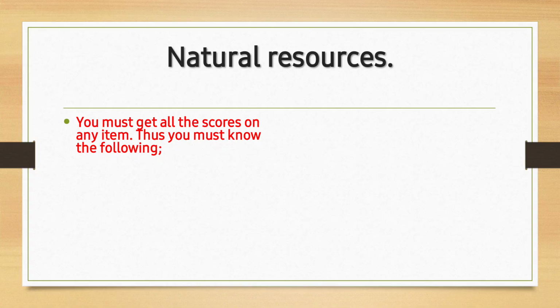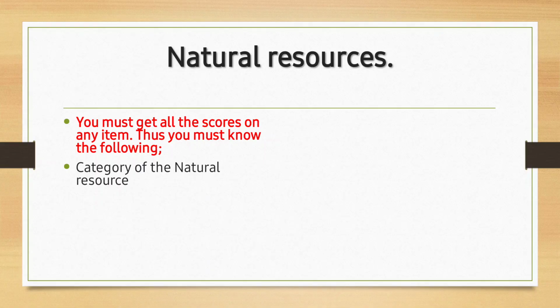So what must you do when given an item on natural resources? Ensure you maximize all the scores, and you must know the following as you attempt any question on natural resources. You must have the category of the natural resource at your fingertips. You must know what category it is.